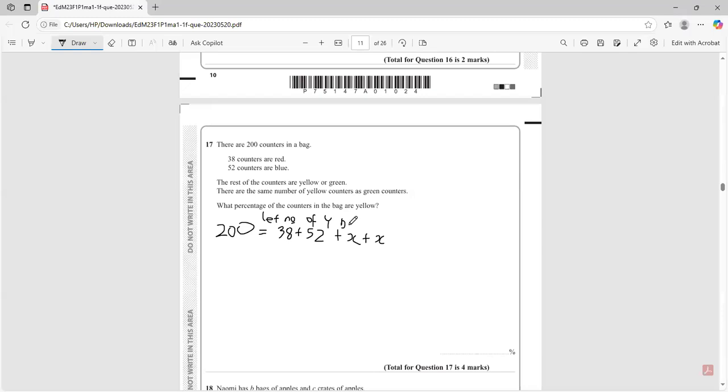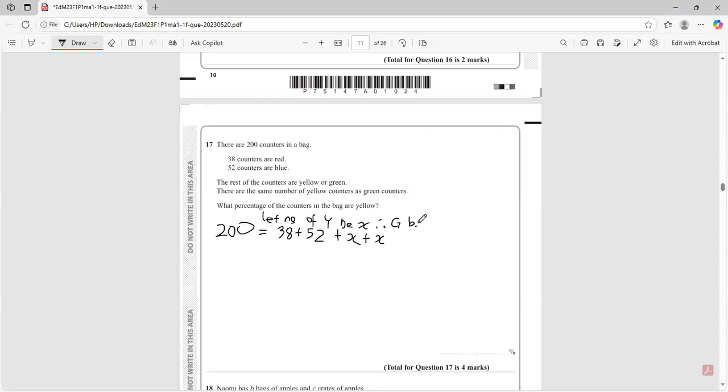So the question has already told us that number of yellow and number of green are the same. So that's what I just wrote there is therefore in mathematics. I hope that sign looks familiar to you. Therefore, does it look familiar to you? Yes. Okay, all right, good.